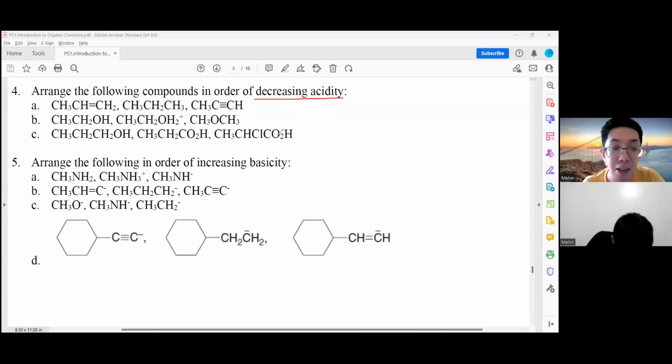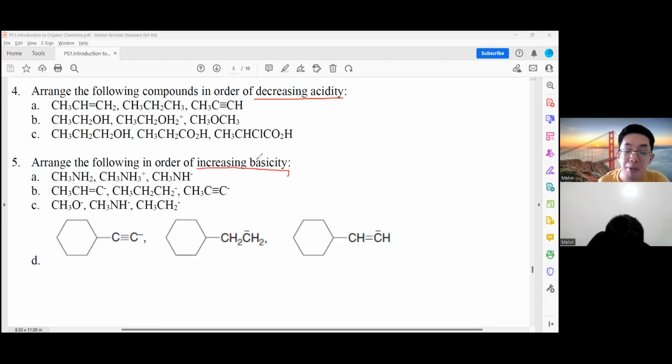Kasi decreasing acidity eh. Then for number 4, you have three sets of acids there, no? So, paano mo i-arrange or compounds or chemical species, paano mo i-arrange yung acidity nila? So, the fifth one naman, instead of acidity, we now arrange the following compounds in order of increasing basicity. No?